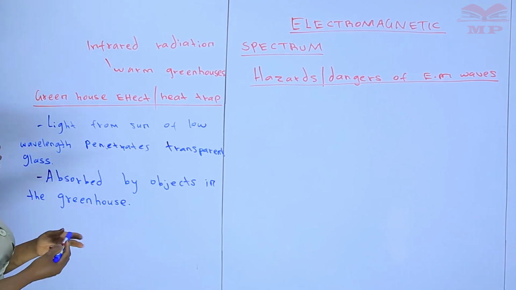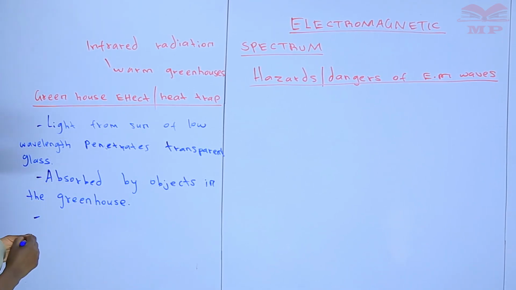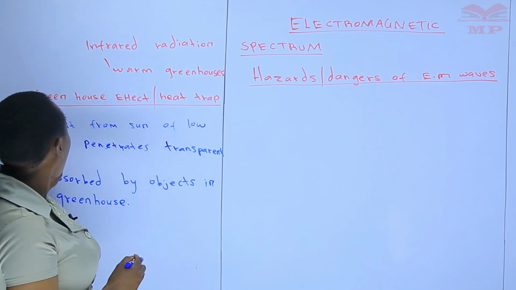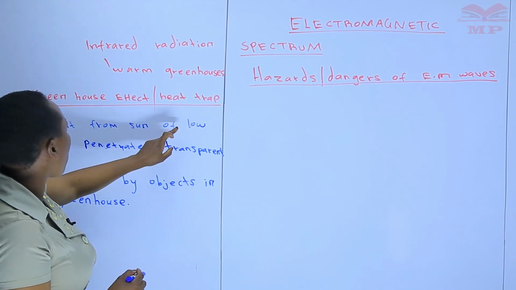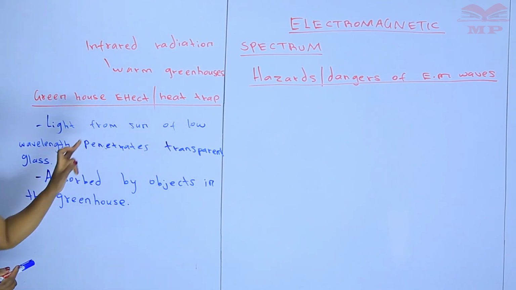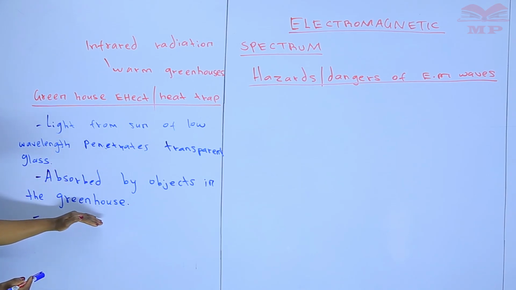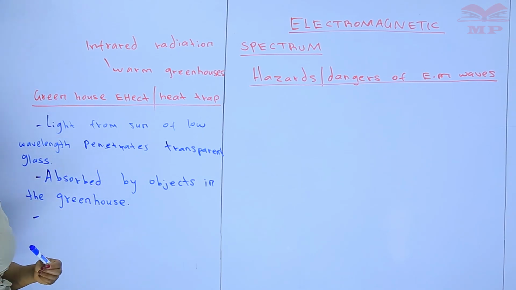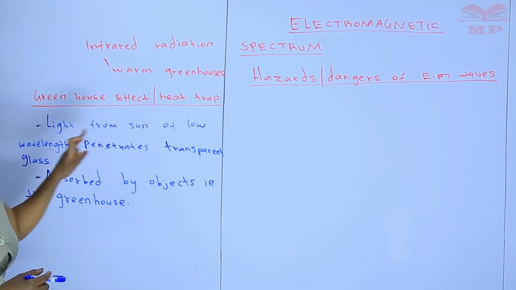And in return, we have now light of high wavelength, or what we call low frequency, because when it is absorbed by the objects that are in the greenhouse, in return they will give light of a higher wavelength.